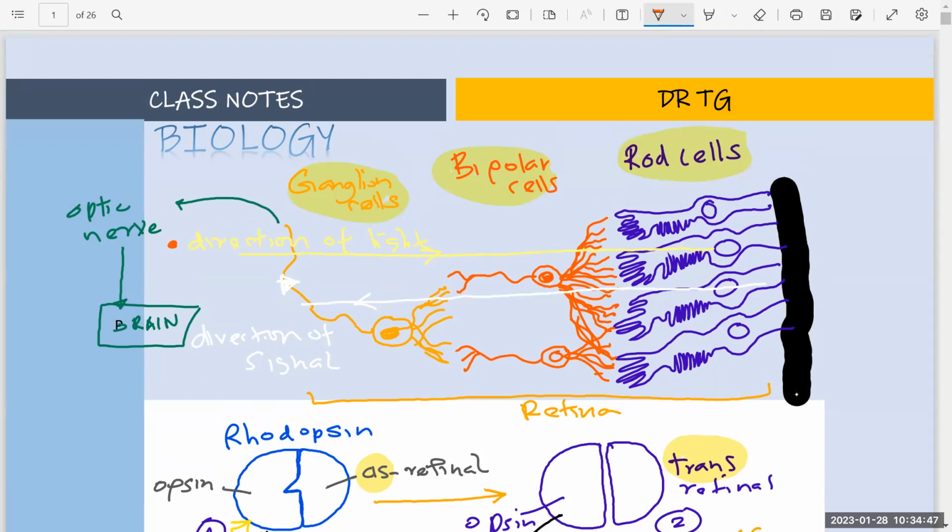When the light falls onto the rod cell, a generator potential is created by each cell, and then the optic nerve communicates to the brain, and the brain identifies the light.